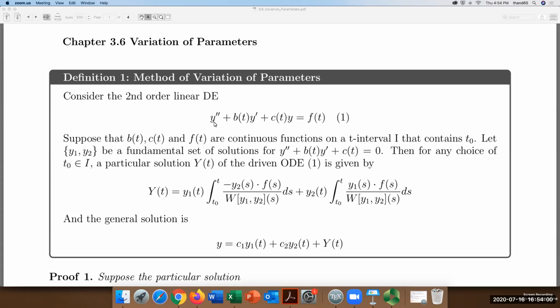You have y double prime plus b of t, y prime plus c of t y equals f of t, where all the functions b of t, c of t, and f of t are continuous on an interval I that contains t0, which is the initial point.